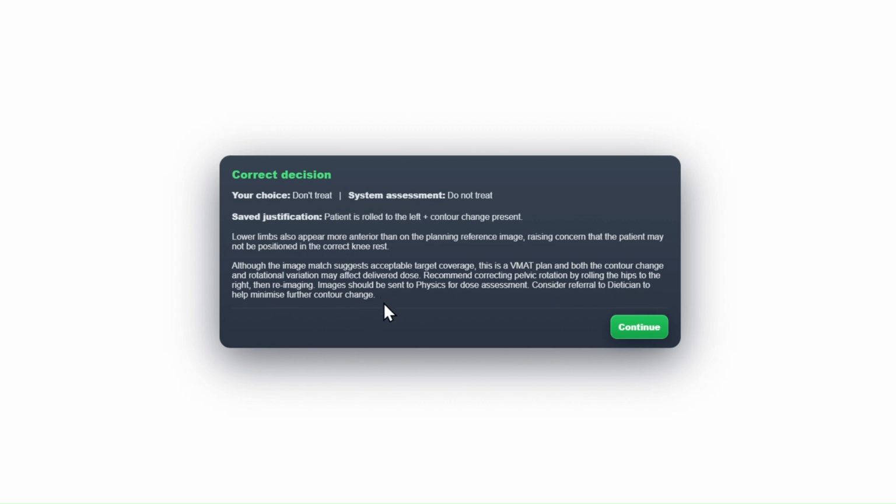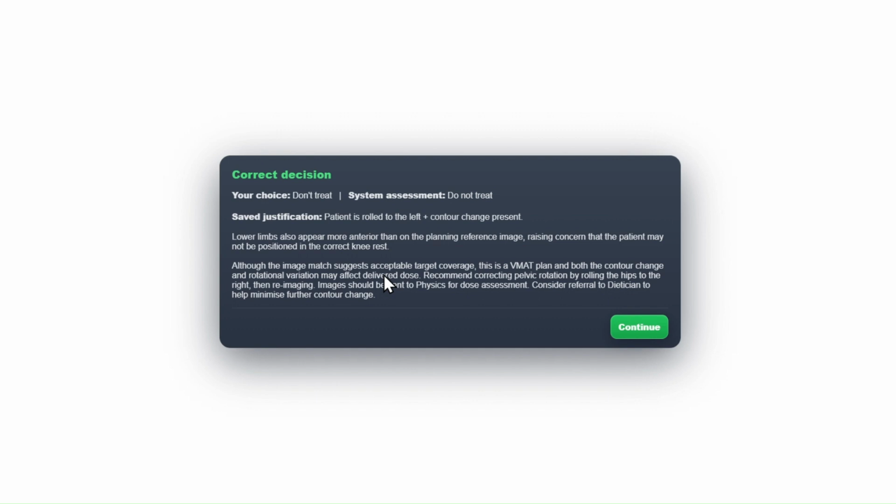So in this video, you've seen how it's very important to review those images and to review all the information that you can have in order to conduct the most appropriate clinical decision making. What most students fail to do is to look at all the important information, so they will just jump straight into image match and attempt to match the images together, but you're failing to understand that there's a lot more to it.